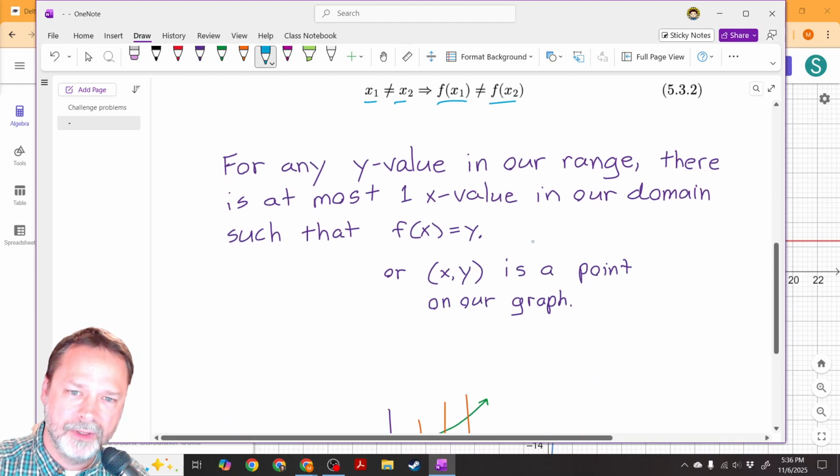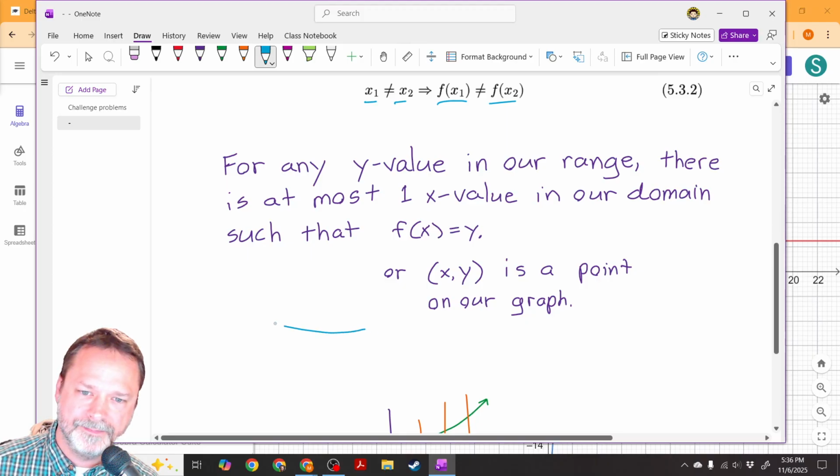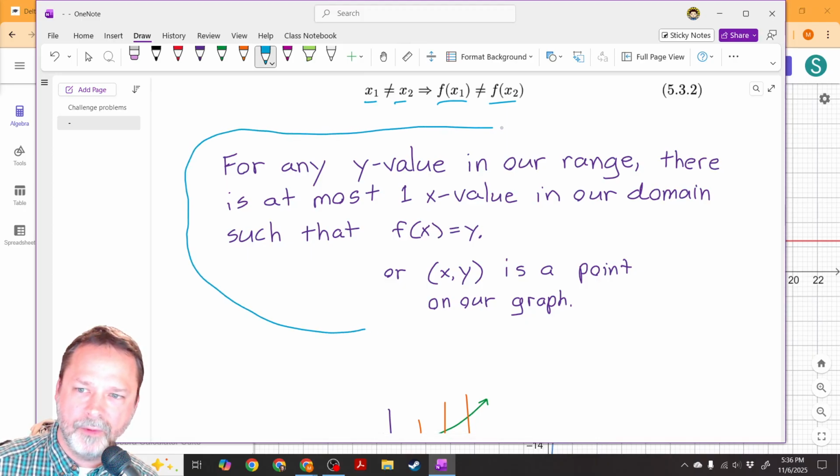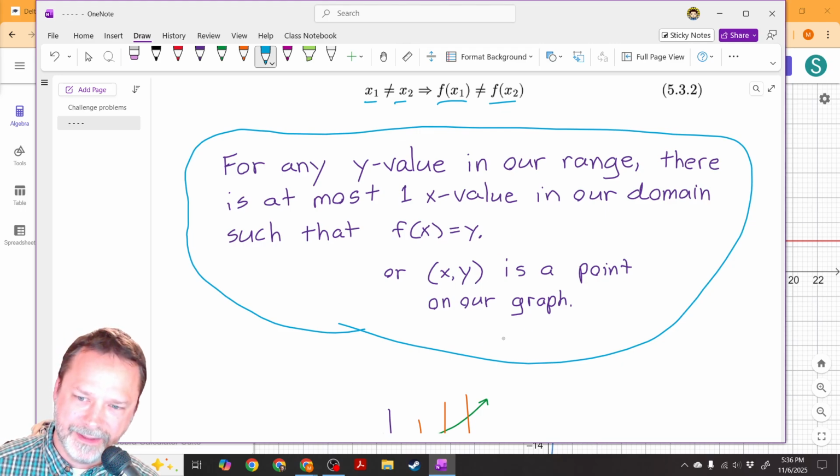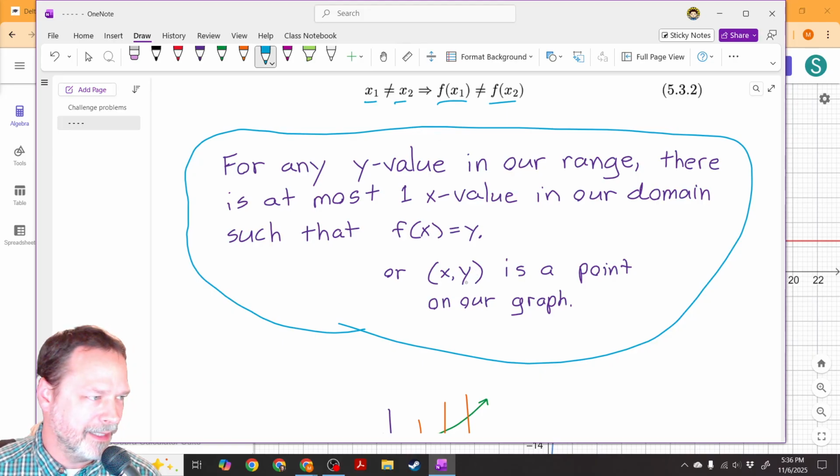It really boils down to this, what we've got here in purple. For any y value in our range, there's at most one x value in our domain such that f of x equals y, or (x, y) is a point on our graph. In other words, it's kind of the other way around: every y value is only mapped to one x value.